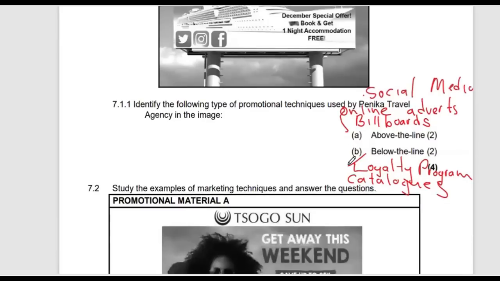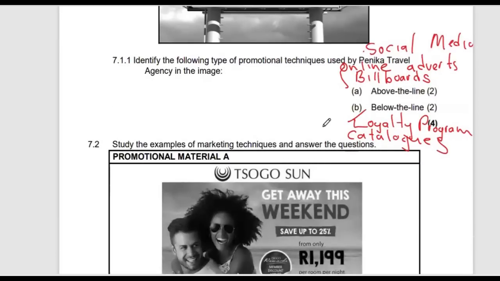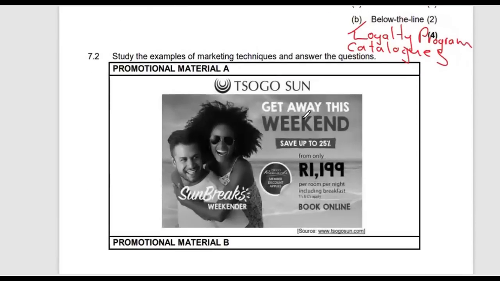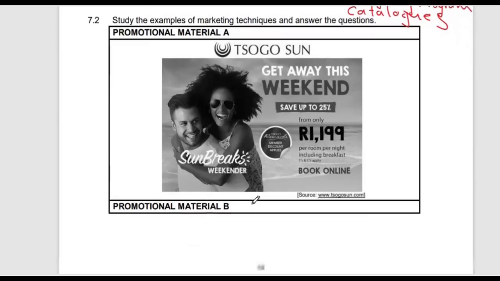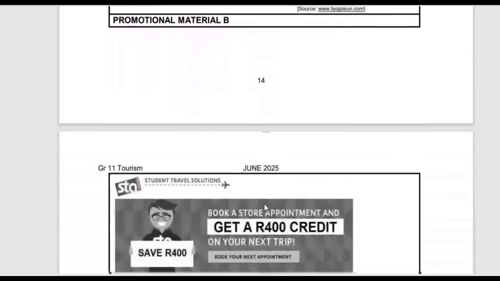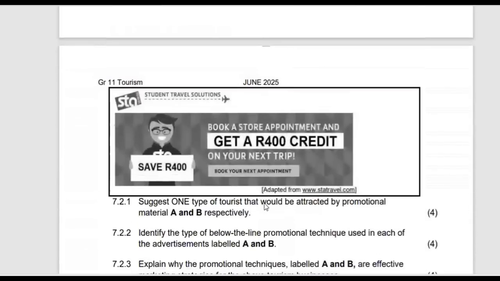Then moving on to the next one, study the examples of marketing techniques and answer the questions. So we have the first one, promotional material A, that is from an online billboard. Then we have the second one also from an online platform.